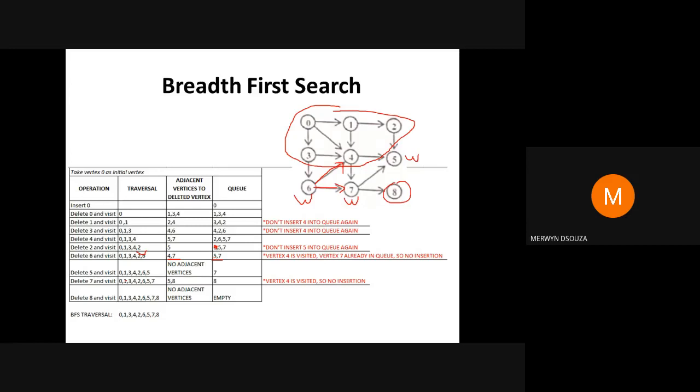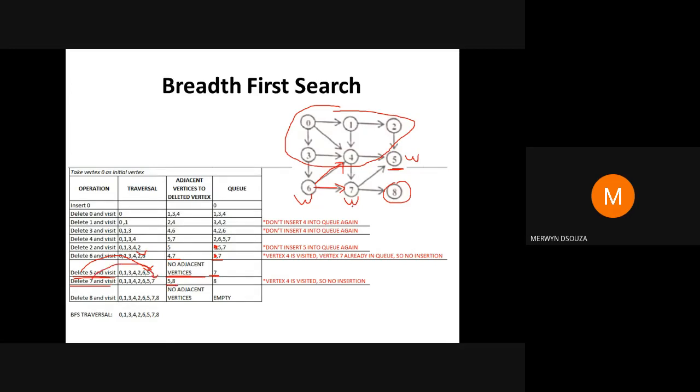Delete 5 and visit. When you delete, you put 5 in the traversal, and you find out the adjacent vertices of 5. There is no arrow which goes from 5 to any other vertex, therefore there are no adjacent vertices. After deleting 5, only 7 remains. So you delete 7 and visit, so you write 7 in the answer.